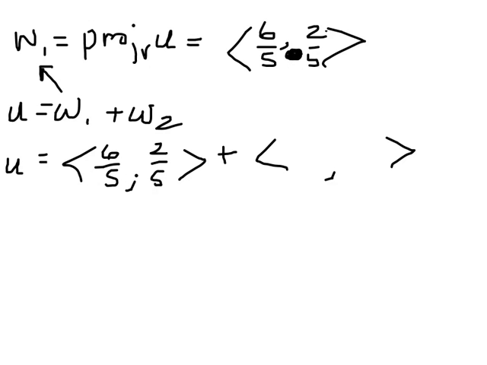And how do I find it? Well, it's not too hard. Let's remember that in the definition of vector components, W2 was defined as the vector U minus W1. We know what vector U is, that was given in the problem: 3, -5.